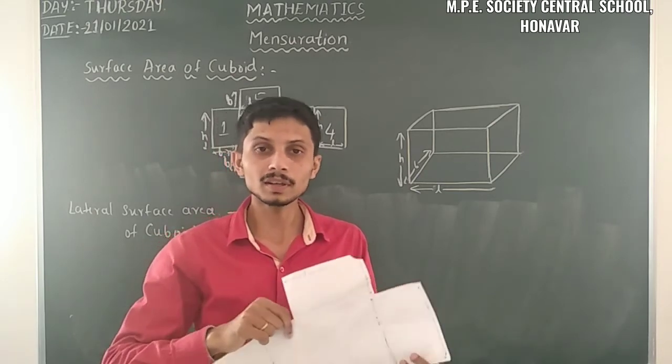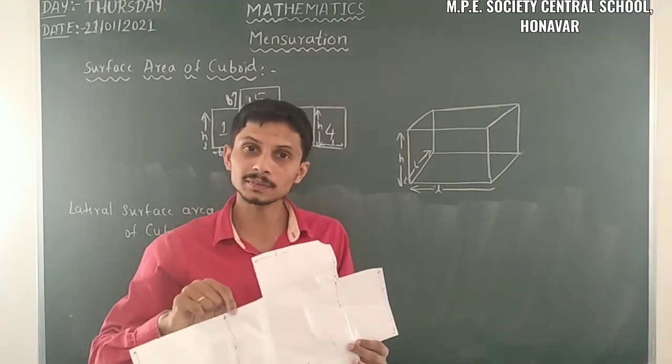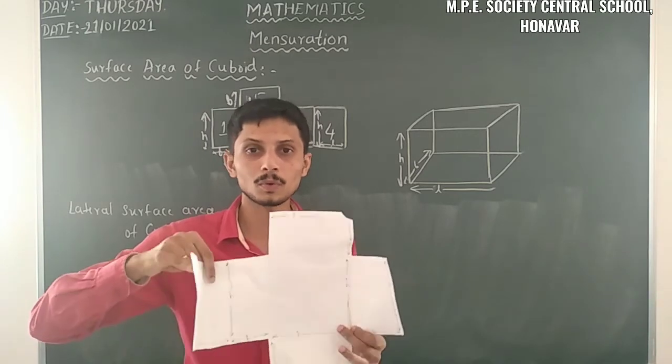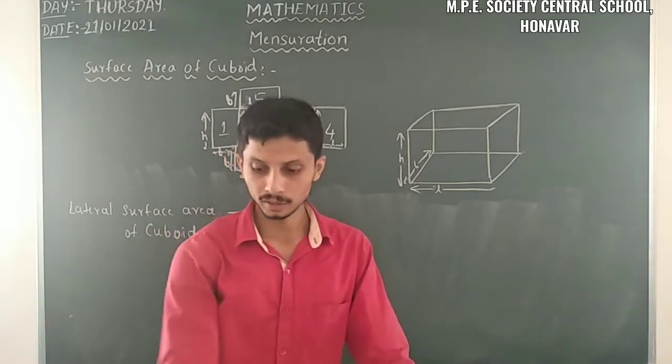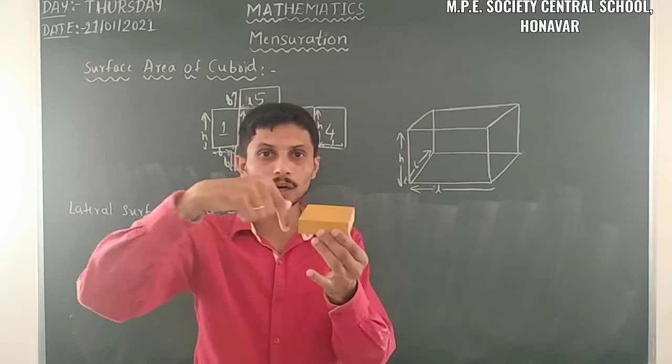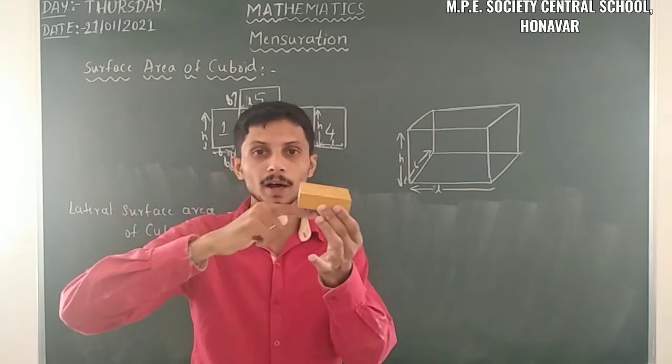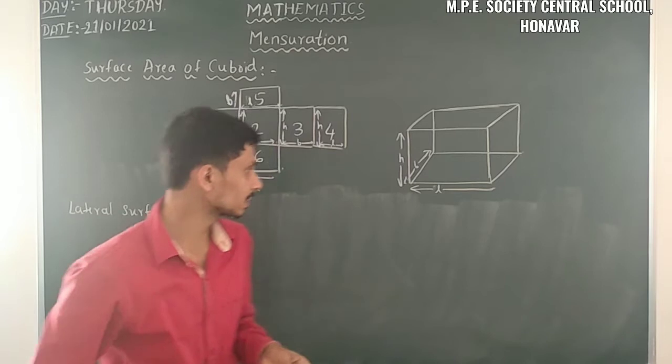So in the case of the lateral surface area, only we have to consider the 4 walls of the cuboid. We have to neglect this top part and the bottom part. So let's take it here.